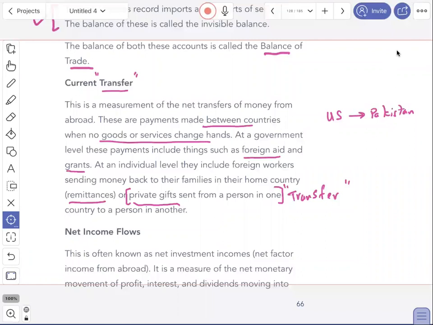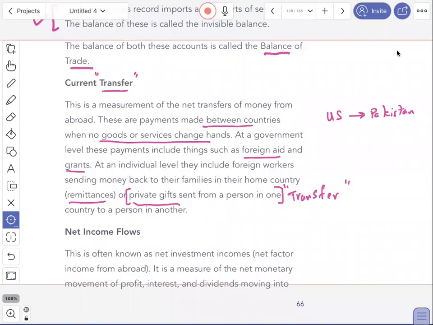All this money is helping Pakistan to get inflow, and that's why anytime you receive that money, it is considered as a transfer and is non-taxable income. So that's why a lot of times people who want to convert their black money into white money, into taxable money, they may do this through the transfers of private gift. Just an extra explanation.